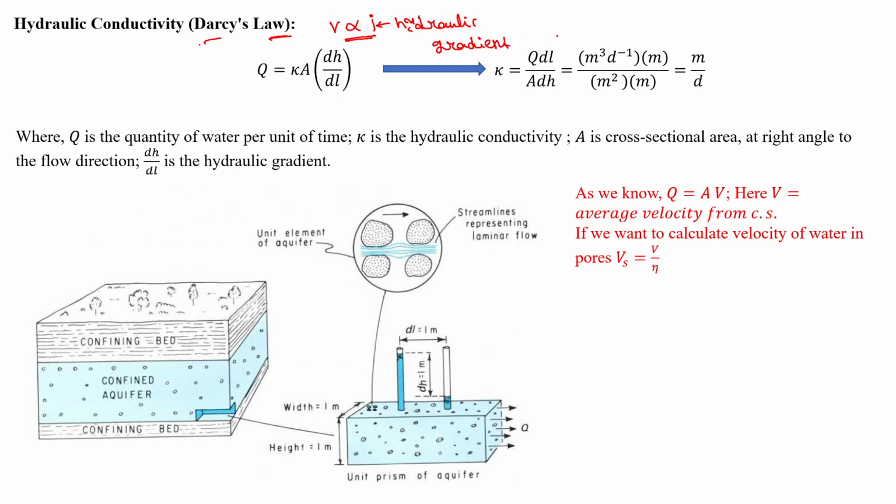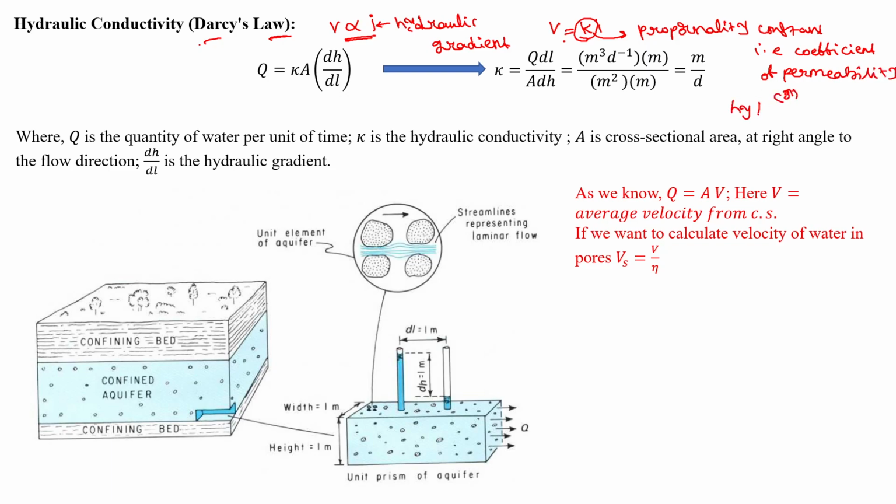To make it an equality, Darcy introduced a proportionality constant, that is nothing but the coefficient of permeability or hydraulic conductivity. So many names are there, so don't get confused.